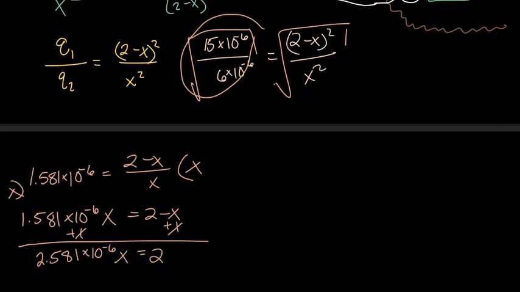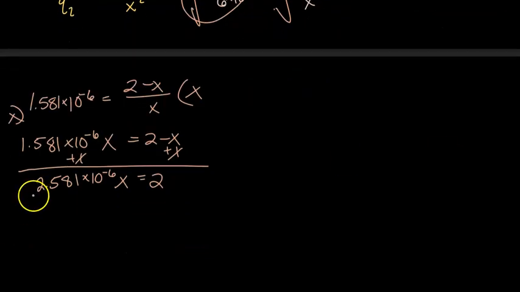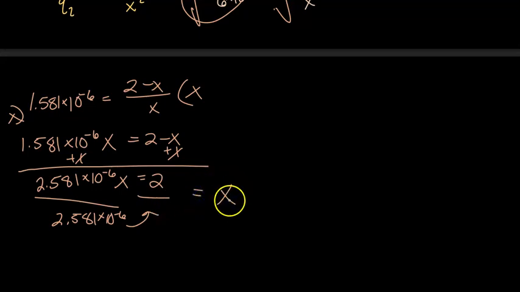And then once we get there, we will just divide both sides by 2.581 times 10 to the negative 6. And from there, we should get our x to equal 0.775 meters.